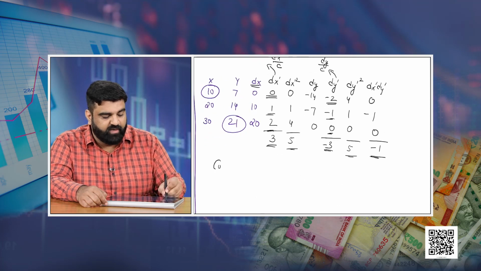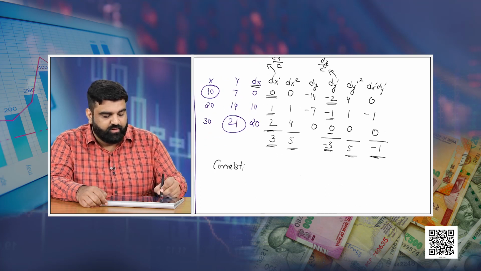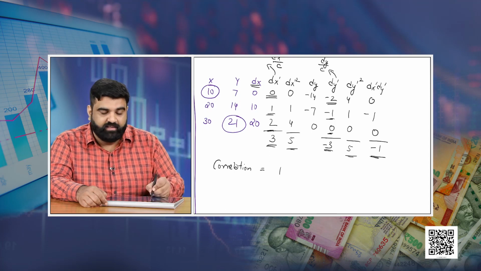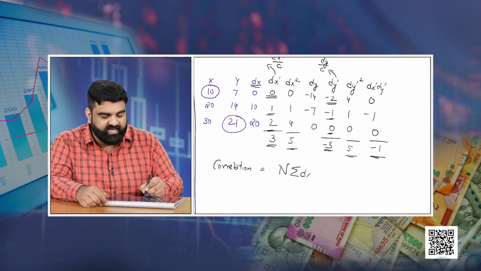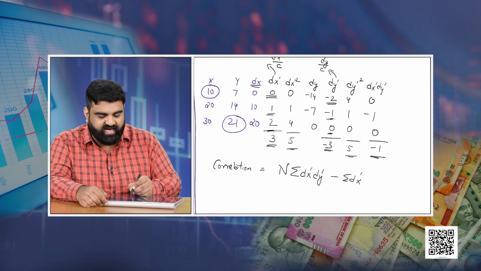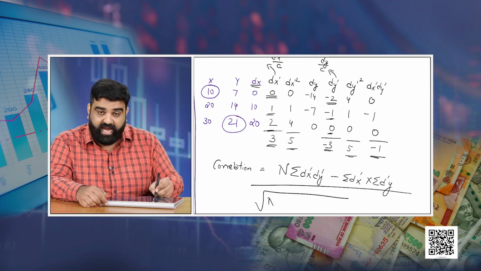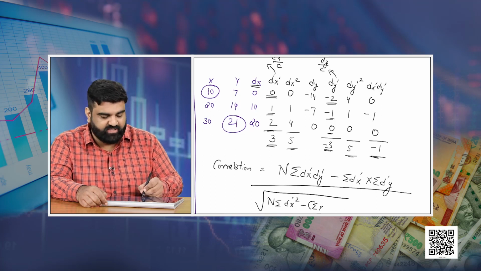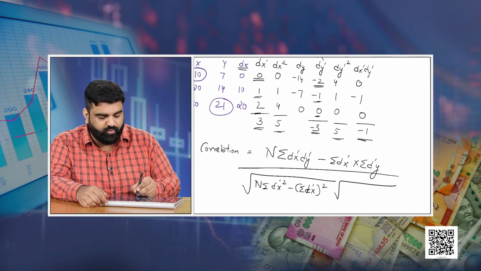Now, let us write the formula for this. The formula will be n sigma dx dash dy dash minus sigma dx dash into sigma dy dash, upon square root of n sigma dx dash the whole square minus sigma dx dash the whole square, into square root of n sigma dy dash square minus sigma dy dash the whole square.